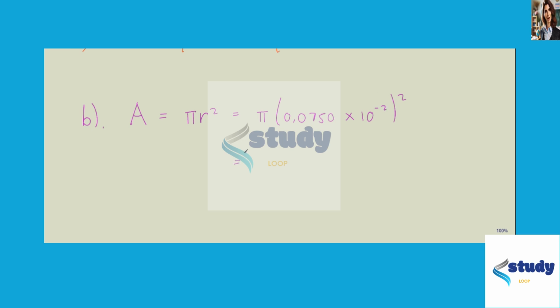And hence we get the cross-sectional area to be 1.767 times 10⁻⁶ square meters. So now that we have the cross-sectional area, we can calculate the inductance from the equation above.